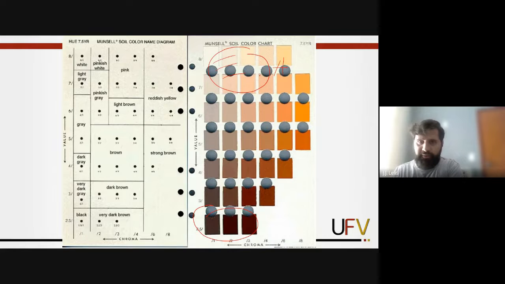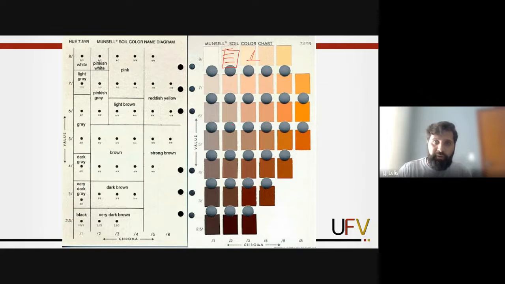Let me put a number so it can be easier. I can identify a horizon that has this color, and it's number 1. And there's another horizon that I describe in the field, and it is this, number 2.